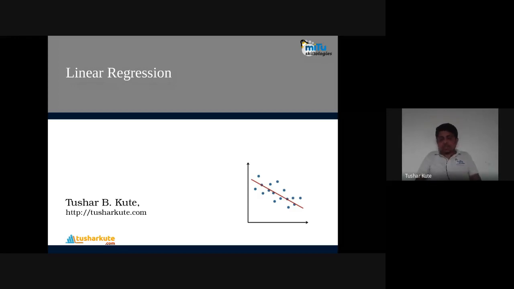And if we have the output in categorical format, then we are going to use classification algorithms. So now we are going to have two things. First, regression methods. What is linear regression? What is regression? That we will see again with examples also.